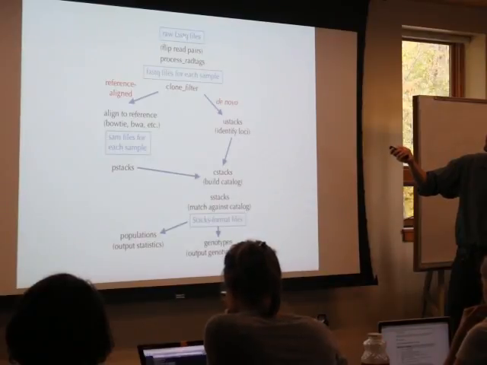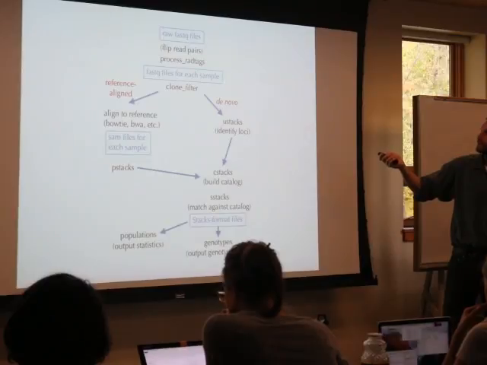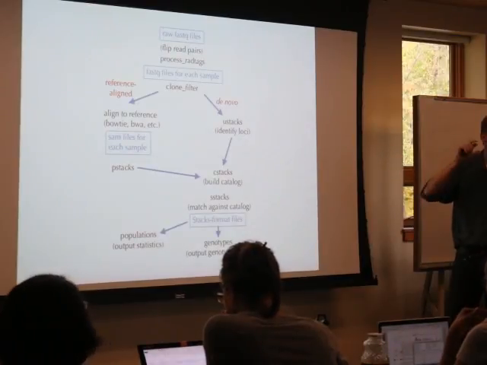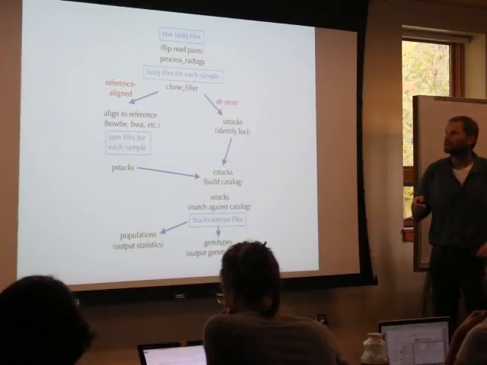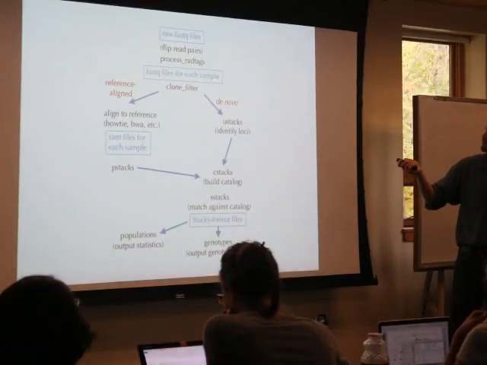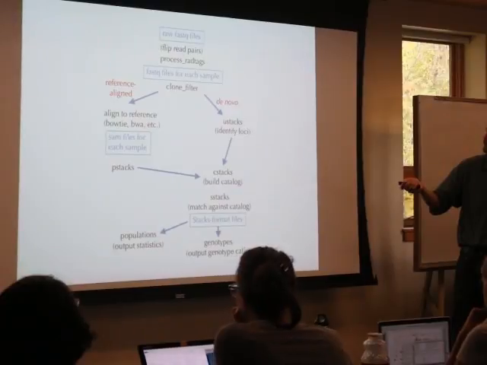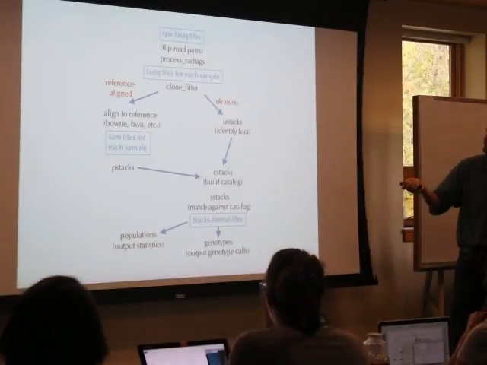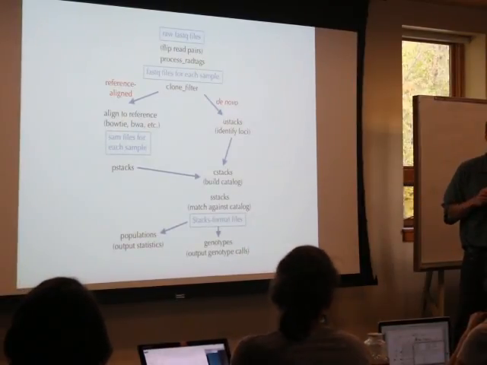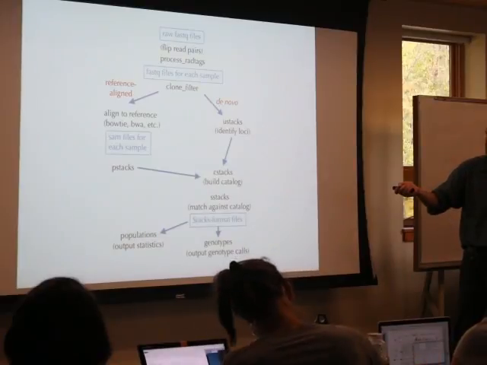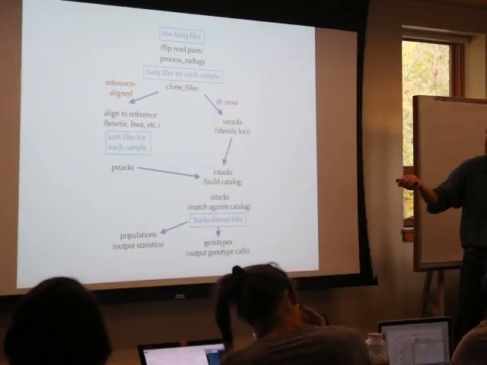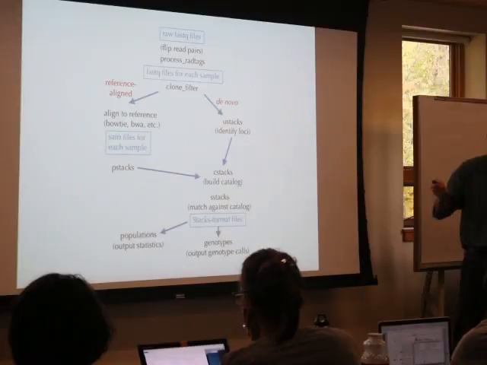So I gave you samples of FASTQ files. They come off the sequencer, FASTQ files for each sample. The big one had 2 populations with almost 20 individuals in each. The small version, I think, just has 1. Then here are SAM files after being aligned to the reference genome. Again, I think the small tarball just had 1. The big one had all the individuals from the 2 populations.